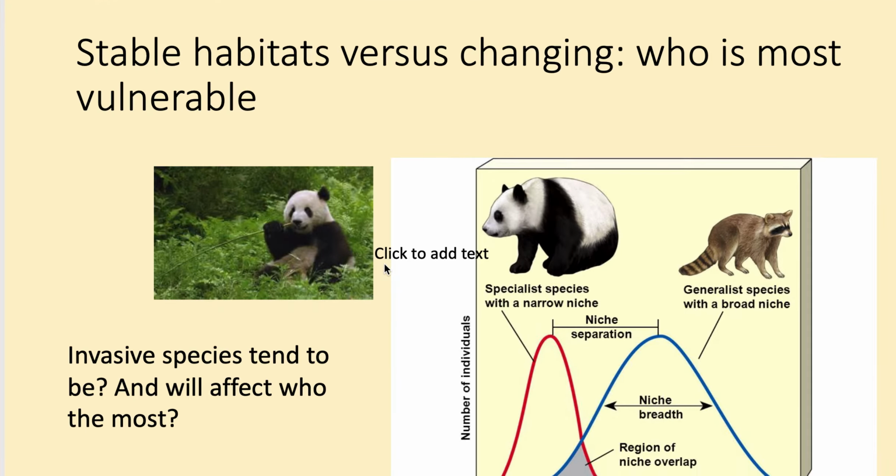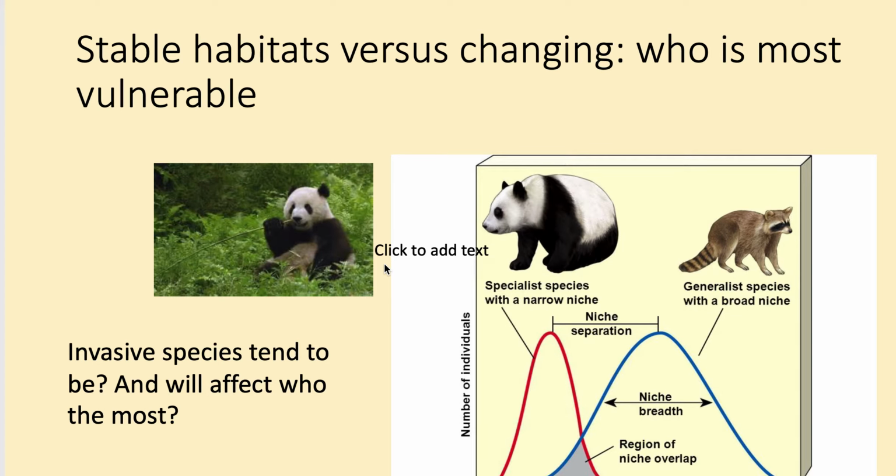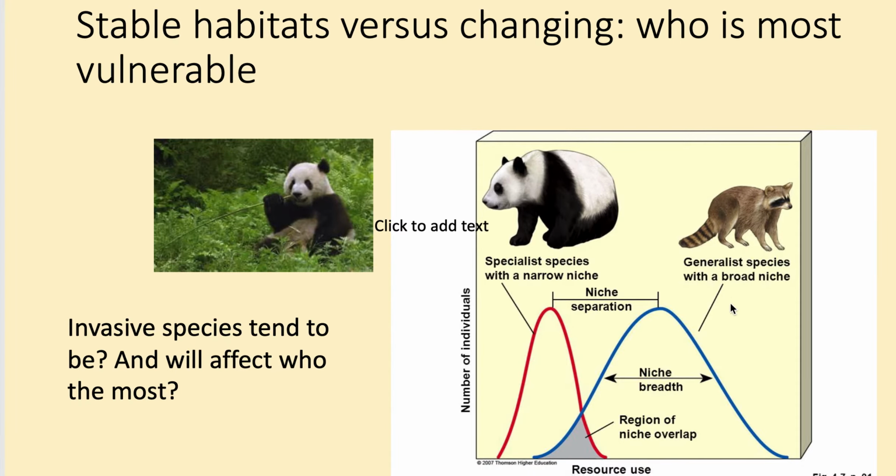In terms of habitats, if we're talking about the niche of the organism, the food that it eats, what's its role in the food web, then we can compare a generalist versus a specialist. Here you can see that a generalist has a wider niche.